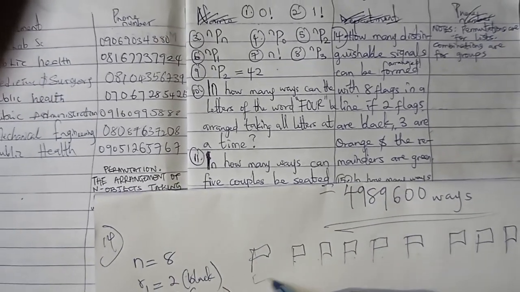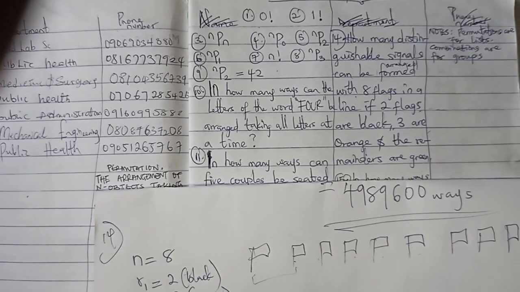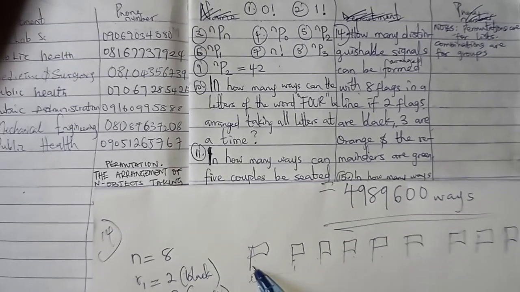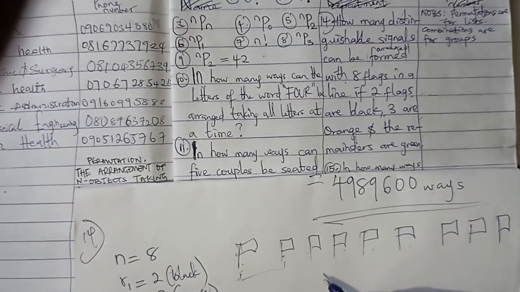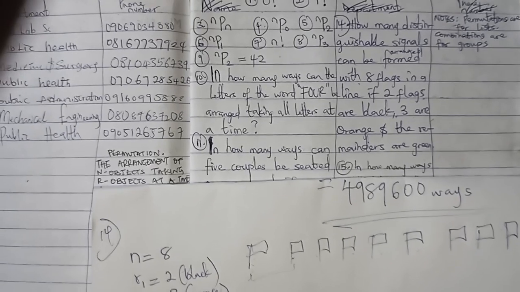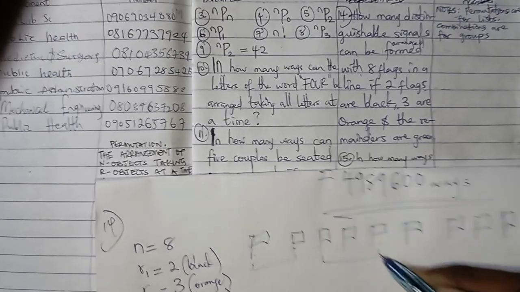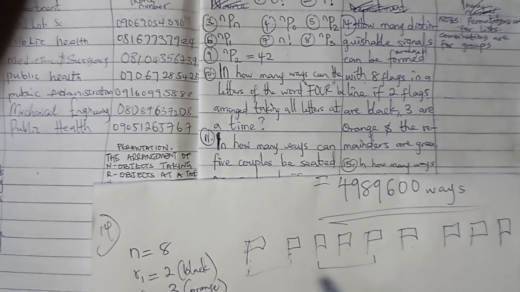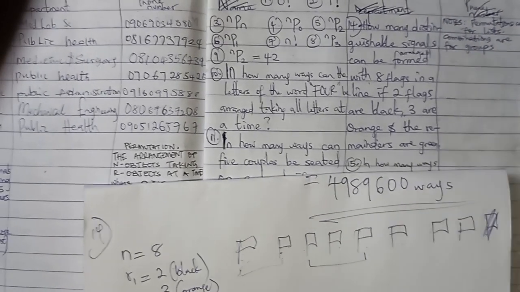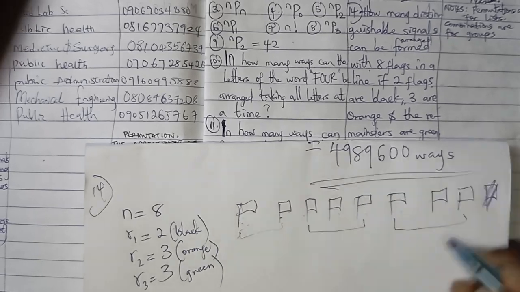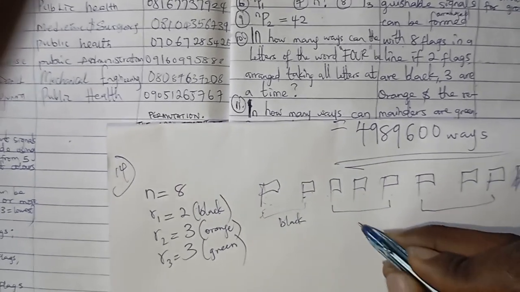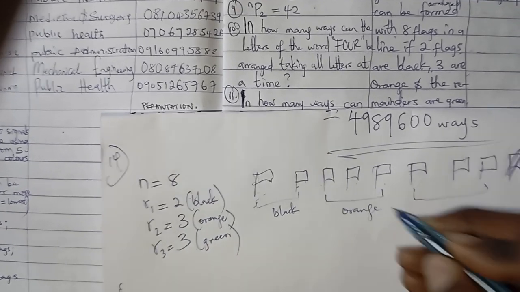So I'll have 2 that are black. If I count this 1, 2, count this 1, 2, it's the same thing I'm counting. Even if I carry it and put it here, it's still the same thing I'm seeing. So I have 3 that are orange. So 1, 2, 3, 4, 5, 6, 7, 8. I have 3 green. So black, orange, green.